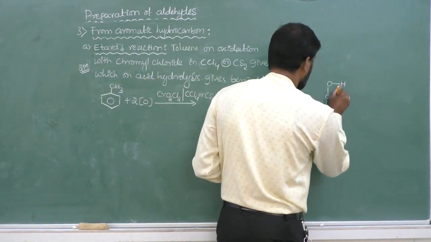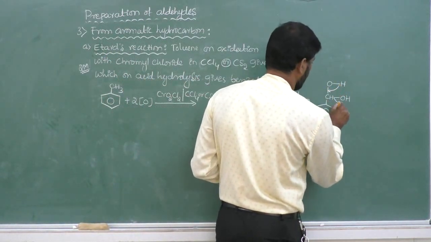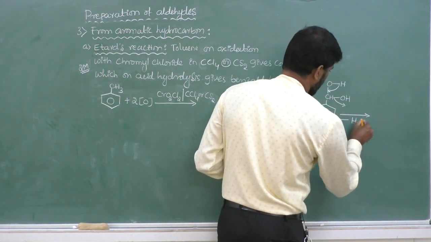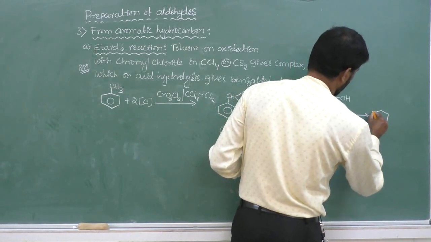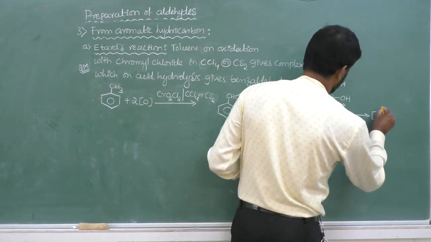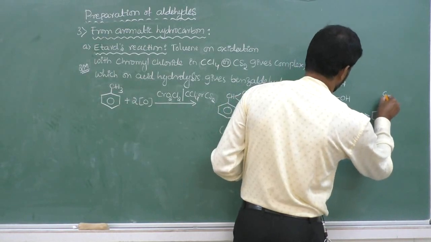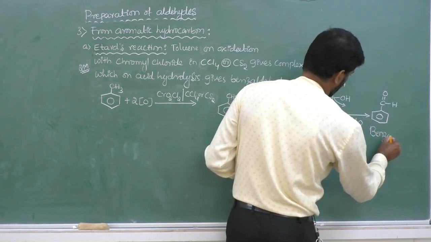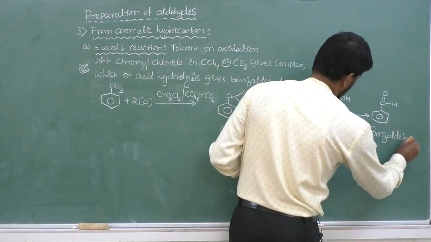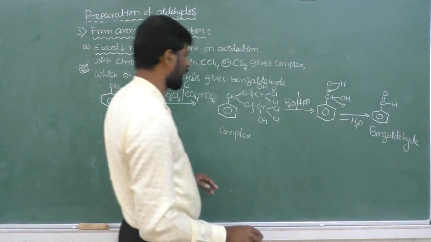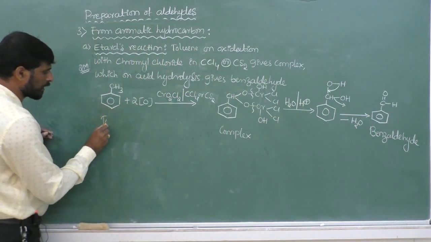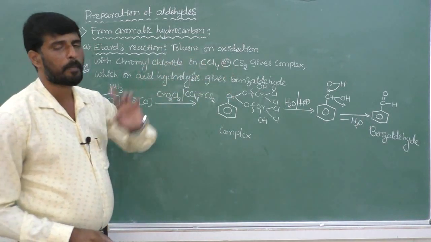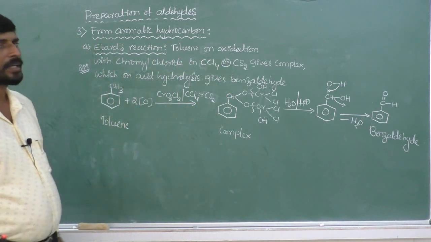It readily loses one molecule of water, minus H2O, that leads to the formation of benzaldehyde. So toluene is converted to benzaldehyde by the Étard reaction.